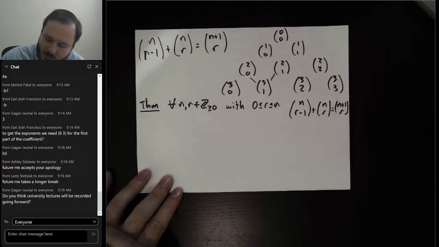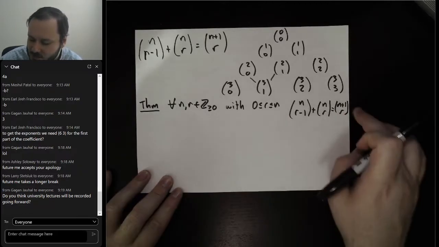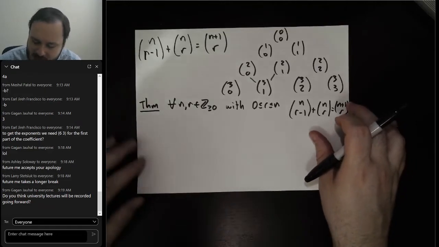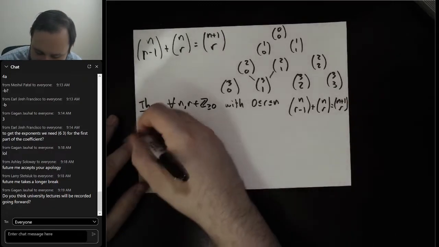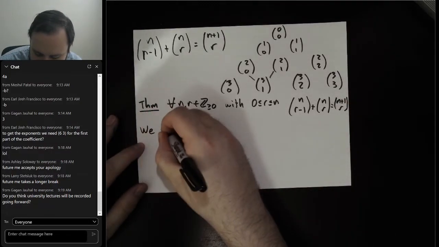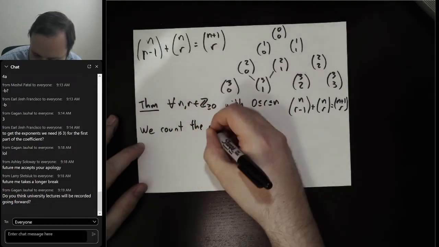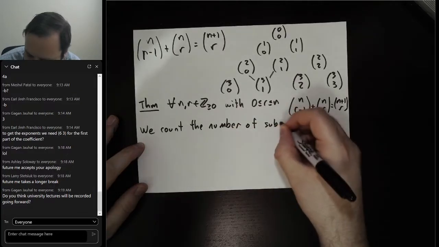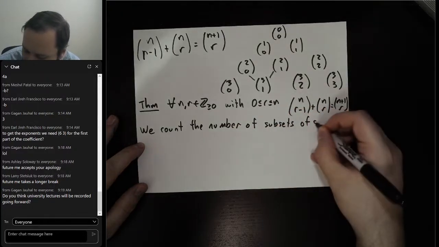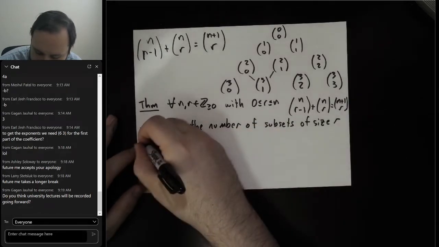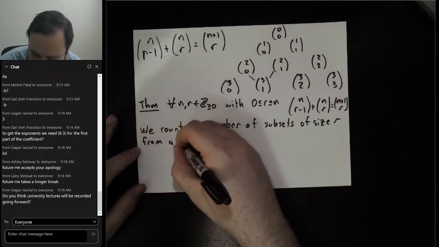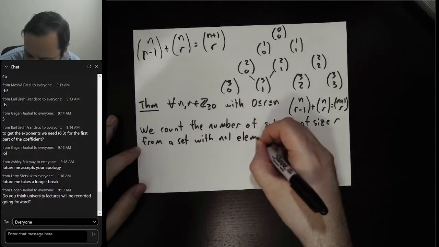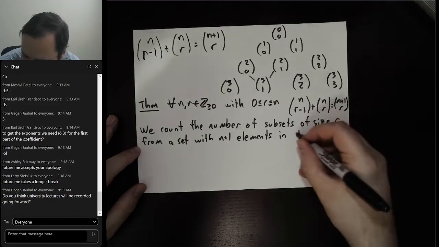I could talk about choosing r toppings out of n plus 1 options, but I'll be a little more mathematical this time, and I'll say we count the number of subsets of size r from a set with n plus 1 elements in two ways.